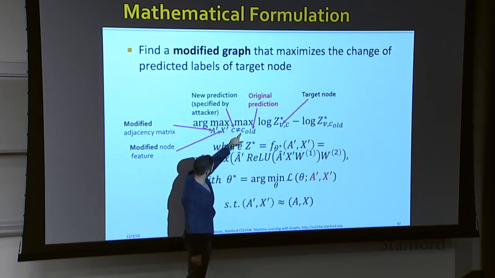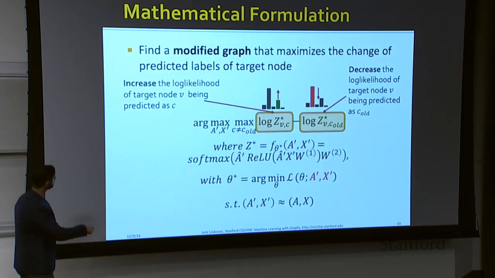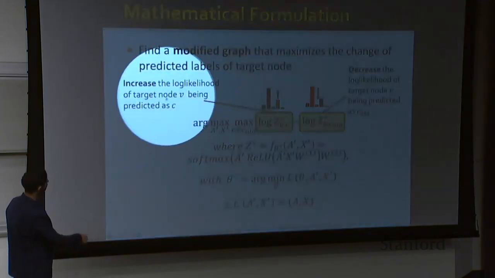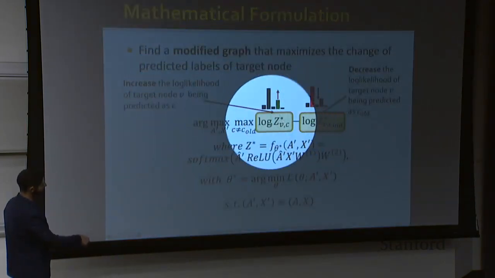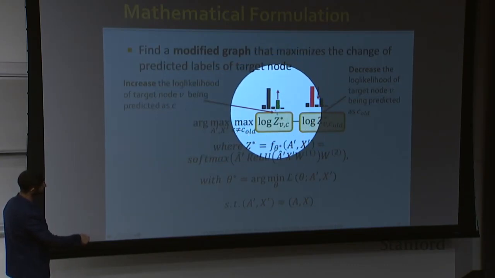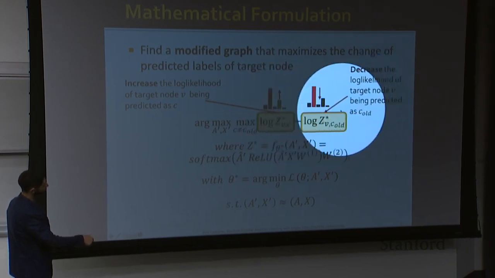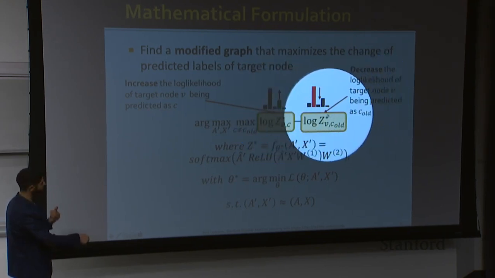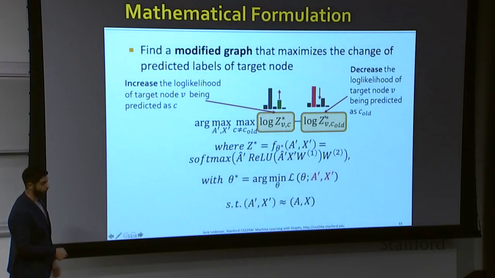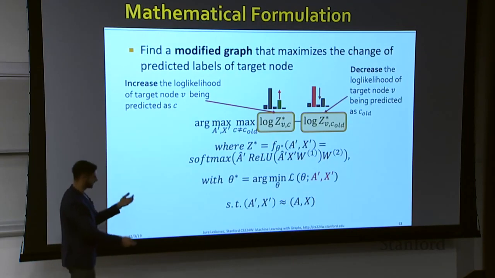We don't want our new classification to be the same as the old. And this means the following: we want to increase the likelihood that the target node B is going to be predicted as C. So this probability goes up. And at the same time, we want to decrease the likelihood that the target node B will be predicted as the old label that we don't want to see anymore. So this part of the formula tells us that.